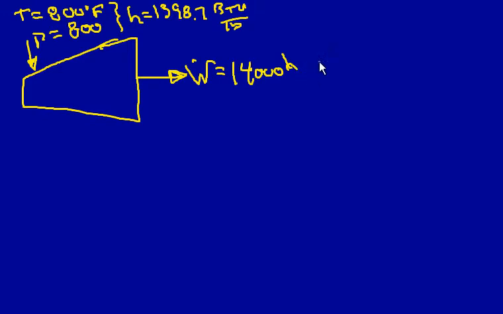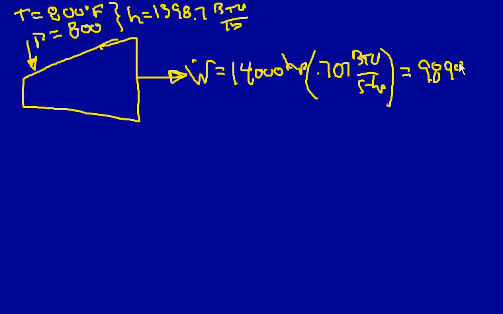We need to get that to BTUs per second, so we'll multiply times 0.707 BTUs per second per horsepower. And that comes out to a power out of 9898 BTUs per second.